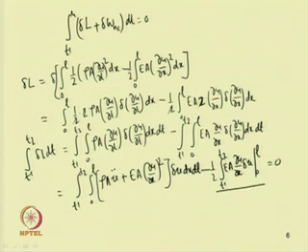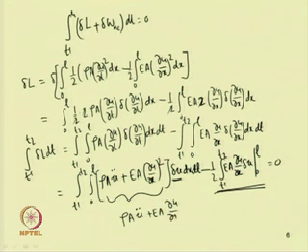This part is the boundary condition, and as δu is arbitrary, this represents the equation of motion of the system. So the equation of motion becomes rho A u double dot plus E A ∂²u/∂x² equal to 0. This is the equation of motion for the system.